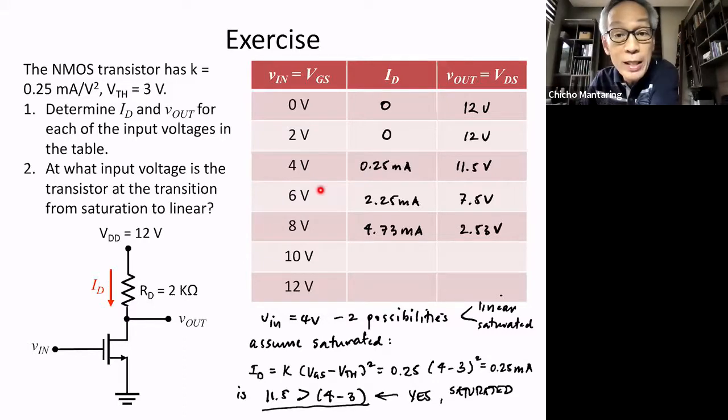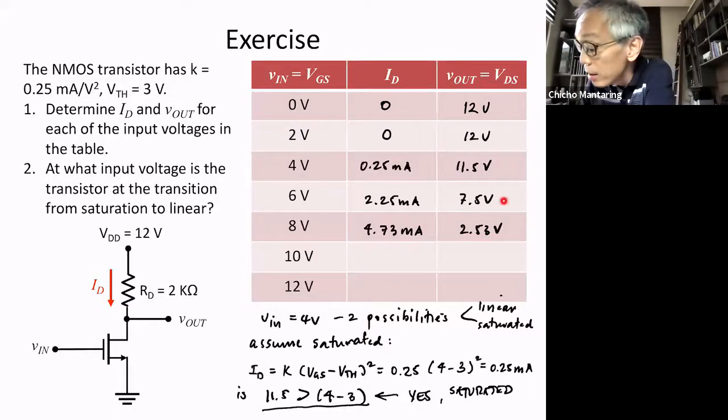At 6 volts dito, we are still in saturation mode. Pero dito sa 8 volts, we are already in linear mode. No? So try to figure out what voltage between 6 volts and 8 volts was that transition, kung saan siya nag-shift from saturation to linear.